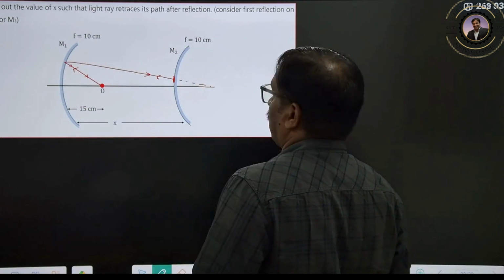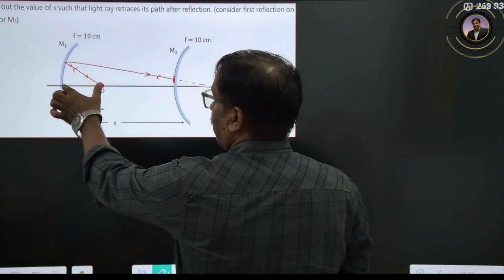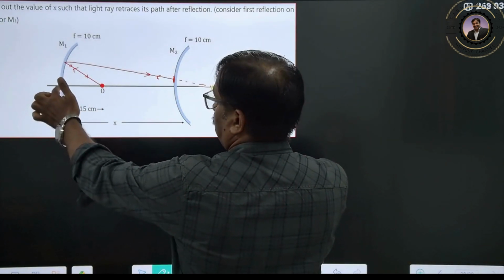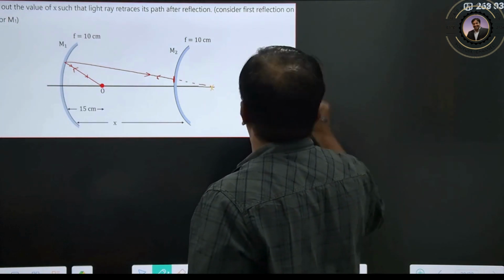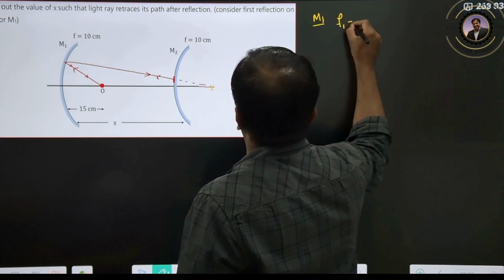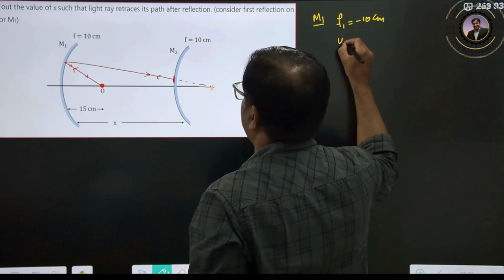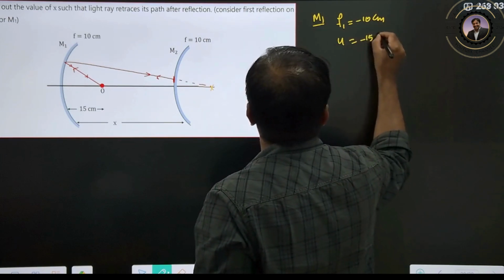Now you understood, I think. If possible, you can try it. This is your 15 centimeter. You try to calculate this image distance for the first mirror. The focal length of this one is how much? It is a concave mirror, so minus 10 centimeter. The object distance is minus 15 centimeter.